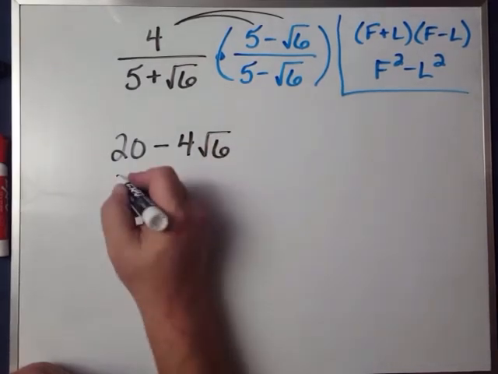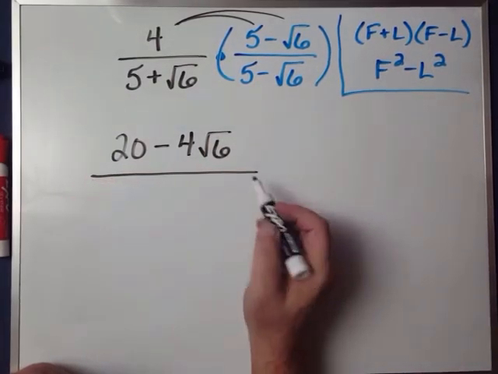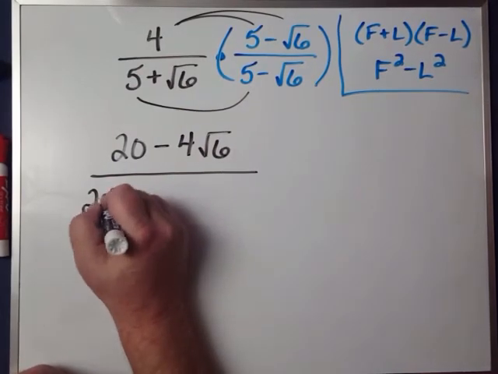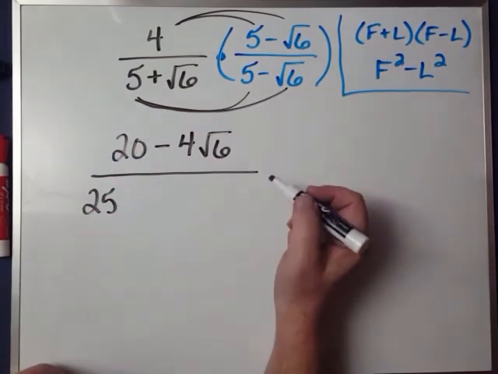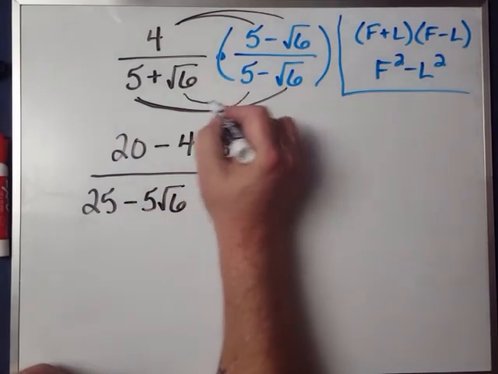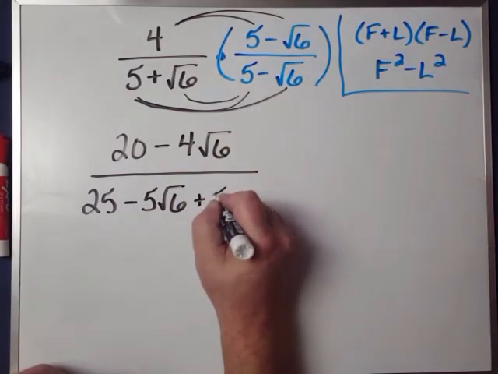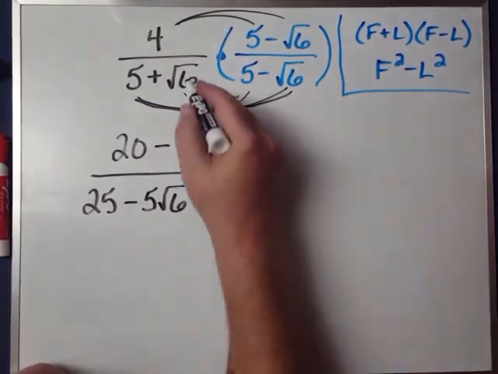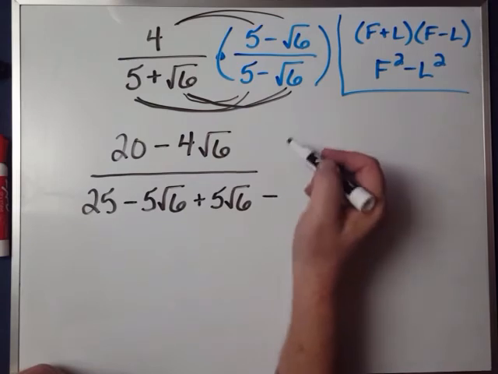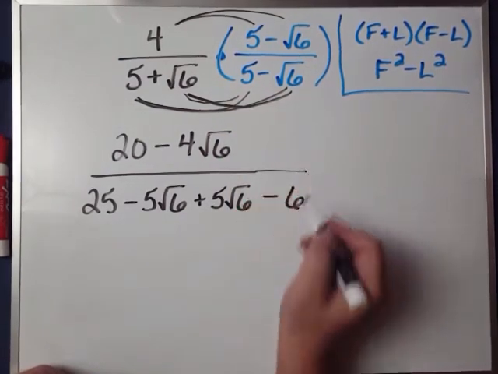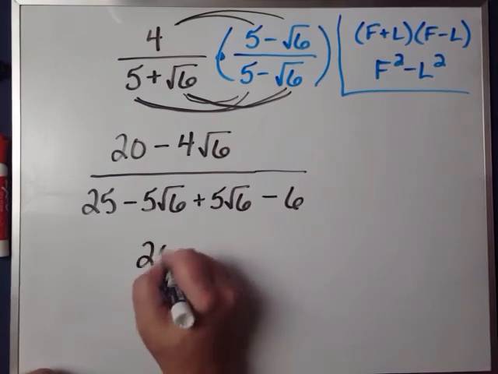In the bottom, if I FOIL this out, the first, 5 times 5 is 25. The outside, minus 5 square roots of 6. The inside, plus 5 square roots of 6. And the product of the last, minus, watch your signs, square root of 6 times itself is just 6.